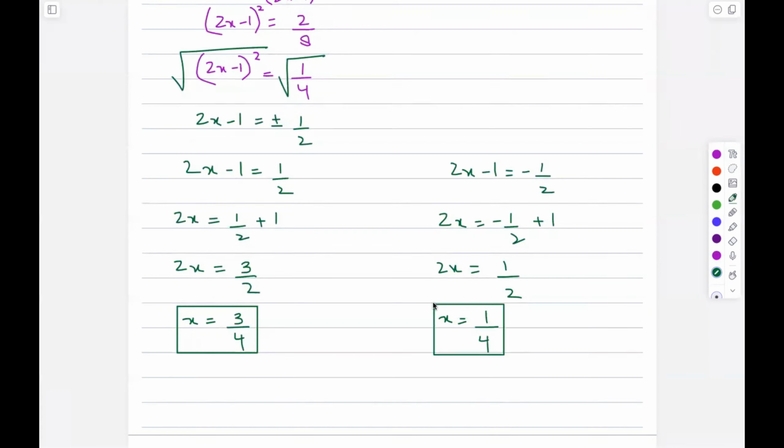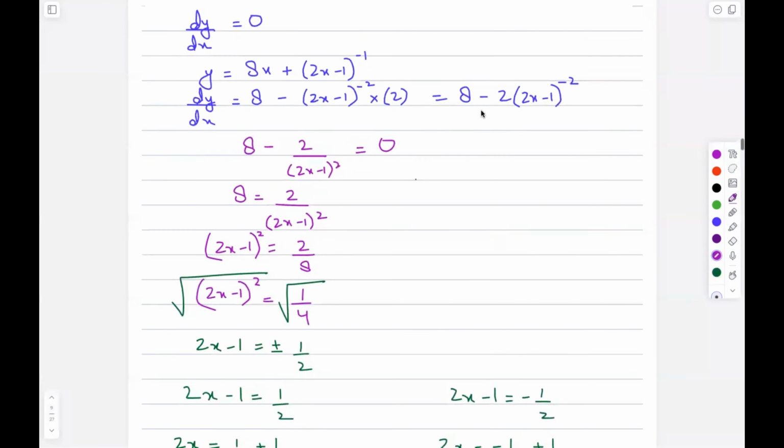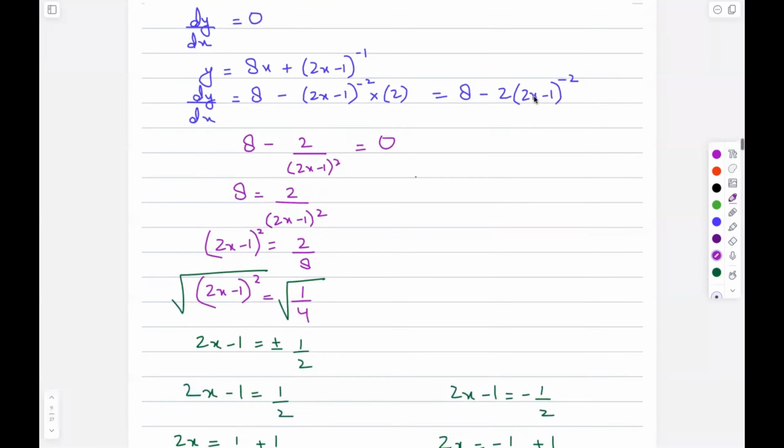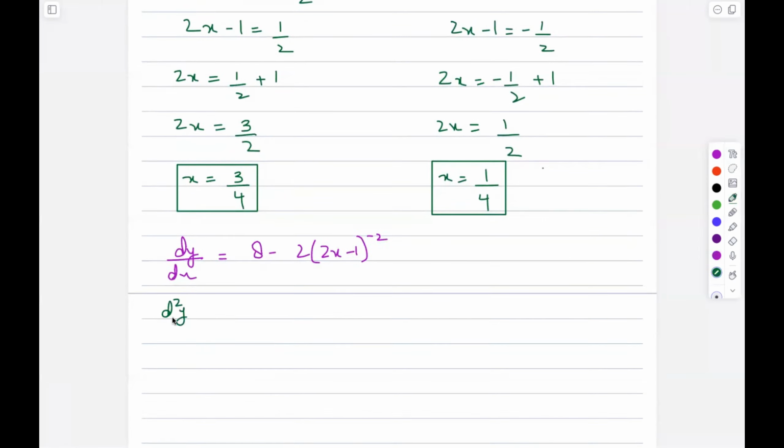Once we have these two x coordinates, we have to find the nature. So for the nature of the stationary points, we need the double derivative. We know that the expression for dy/dx is 8 - 2(2x - 1)^(-2). Finding the double derivative, this will become d²y/dx². Differentiating 8, that becomes 0.